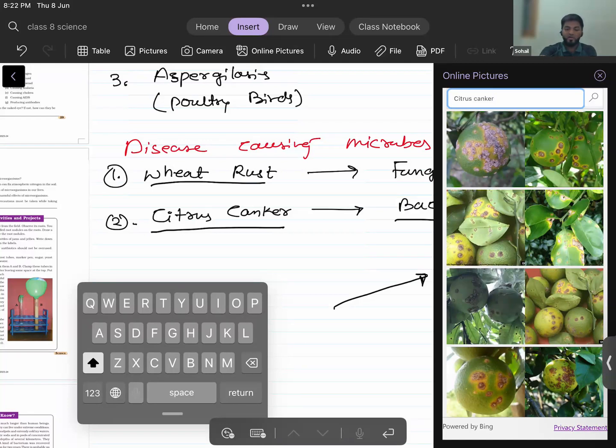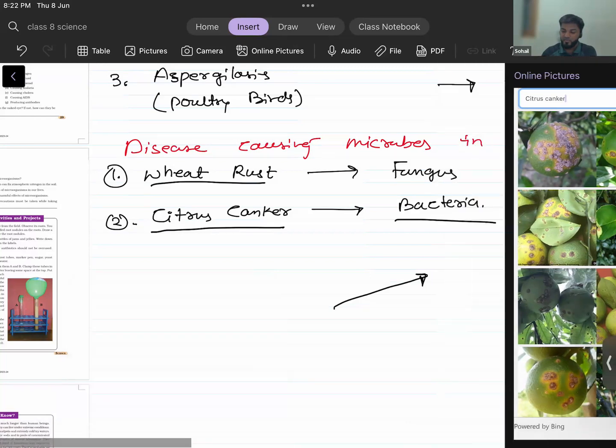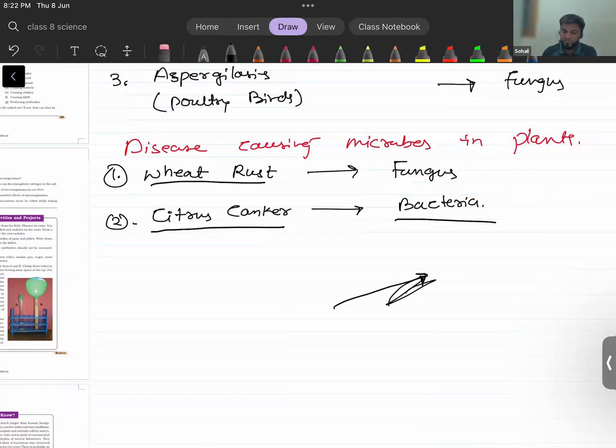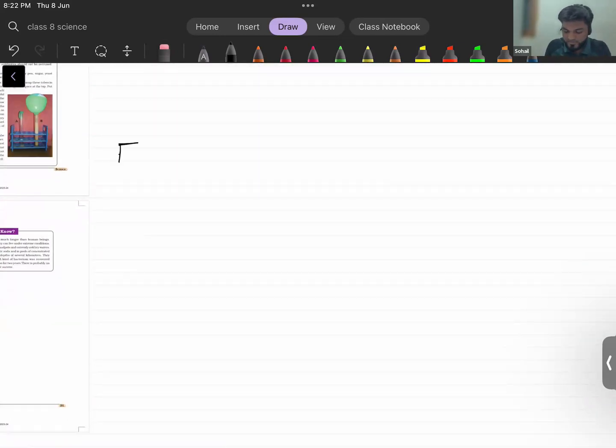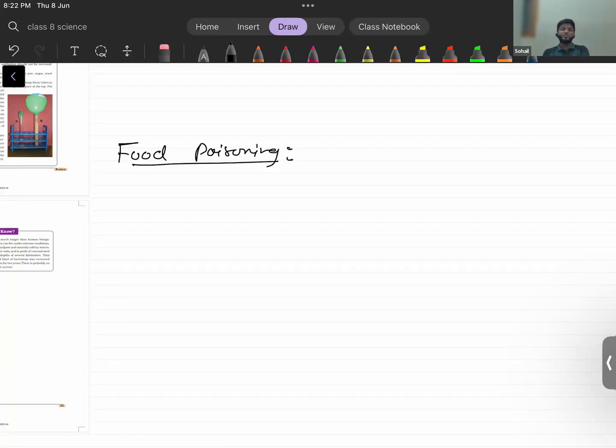Okay, then. Now moving on, we have got food poisoning. Next is food poisoning. Okay, so what is food poisoning here? It is simply the disease caused due to the presence of a large number of microorganisms. The most common of them are bacteria and fungus. So if you have left your food in the open, what will happen?